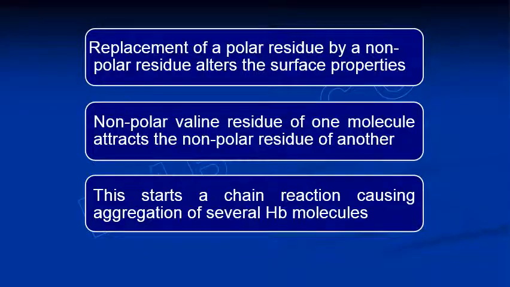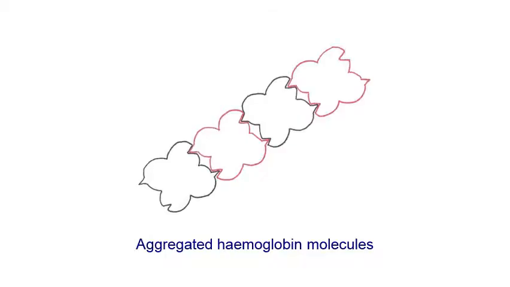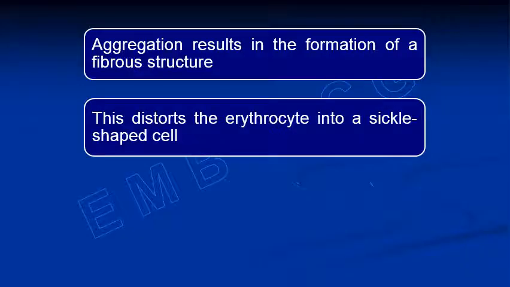Usually in normal condition there is no aggregation of hemoglobin molecules. If hemoglobin aggregation takes place, this will result in the formation of a fibrous structure, and this will also result in changes in the shape of the RBCs.